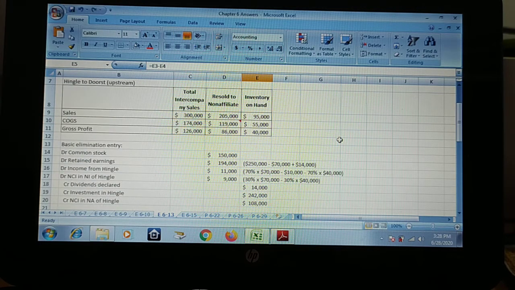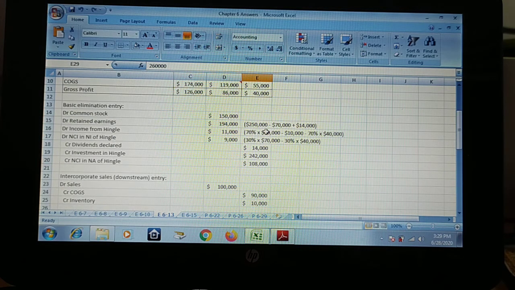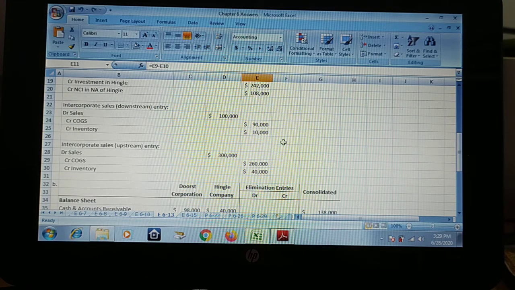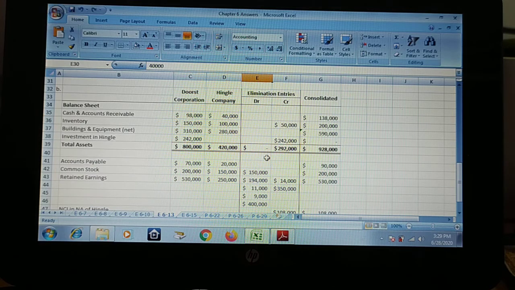And then for the upstream sale, similar. You take 300,000 as the sales, then 205 plus 55 as the COGS, and then 40,000 as the inventory. So that's for A, and then we go to B.